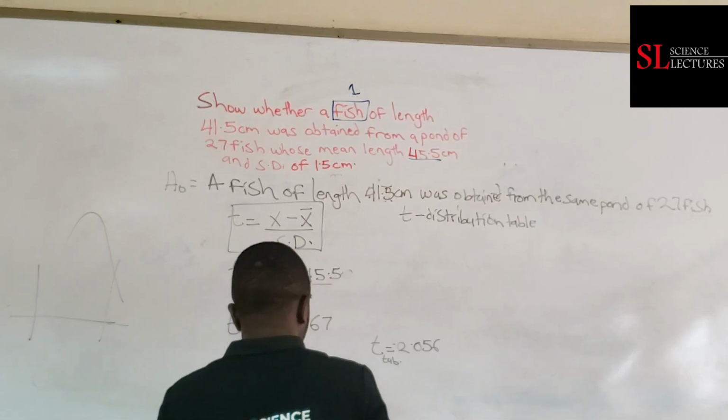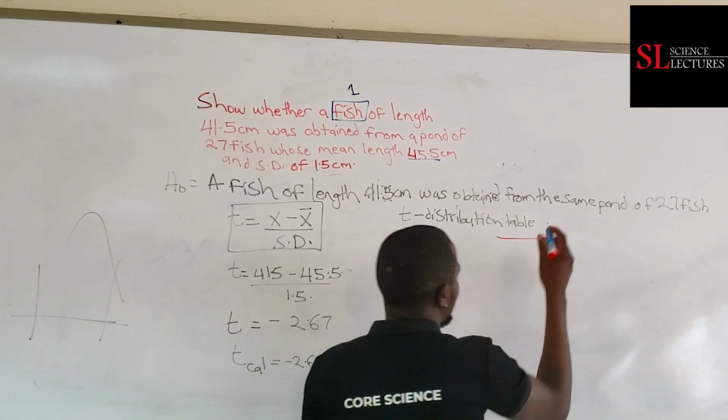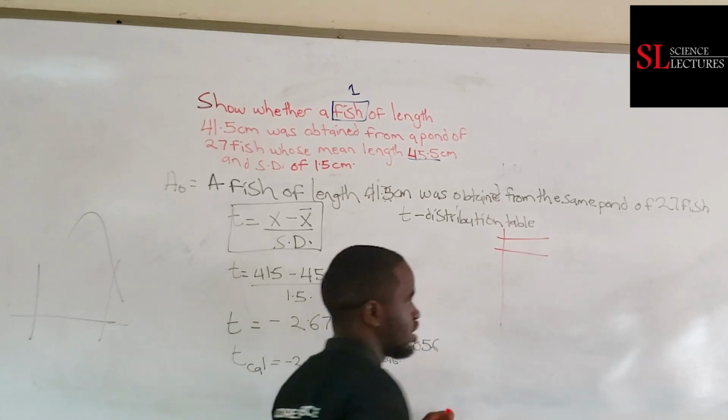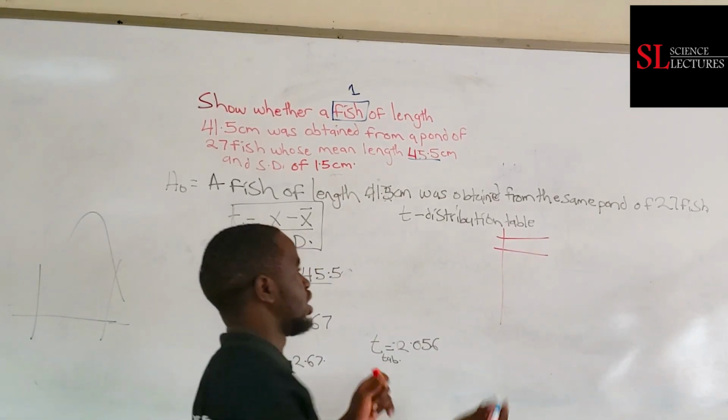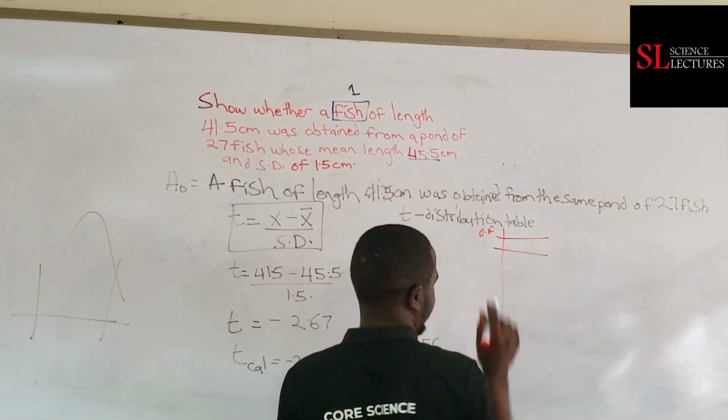So how does that table look? Let me just draw a rough estimate. We have one-tailed above, we have two-tailed below, and in this class we shall be using two-tailed. Then on this side, on the vertical scale, we have the degrees of freedom.